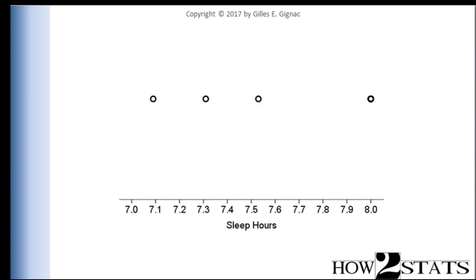Now I'm going to show this in graphical form, because to me this actually captures what's going on. So here is the sample mean of 7.31 along the x-axis. We can see it goes from 7 all the way to 8. And we have the Kripke et al. sample mean of 7.31, and we have my long-held impression of 8 hours per night over here on the further end of the x-axis. And here's the lower bound, something like 7.1, and the upper bound, which is about 7.53, I think it was.